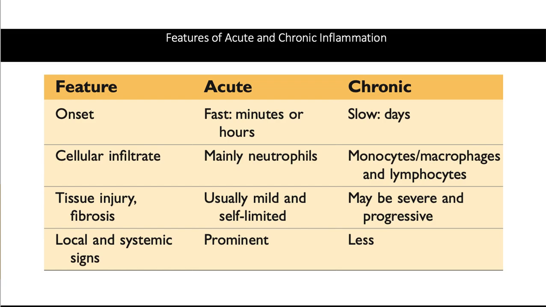It typically develops within minutes or hours and is of short duration, lasting for several hours or a few days. Its main characteristics are the exudation of fluid and plasma proteins and the immigration of leukocytes, predominantly neutrophils, also known as polymorphonuclear leukocytes.